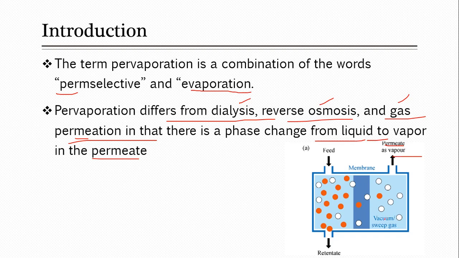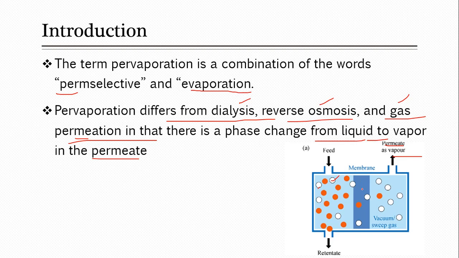Vacuum is applied on this side, and when you apply the vacuum, some components, like these white color dots, can easily pass through the membrane, or they have good permeability, while others have very low permeability as compared to this. So when they get separated, they reach the other side of the membrane, they are evaporated, they are converted to vapors.